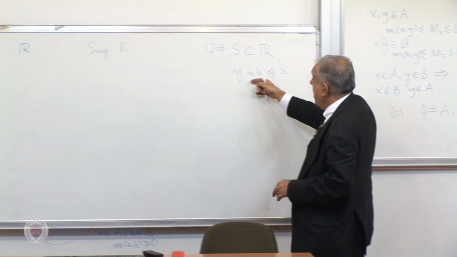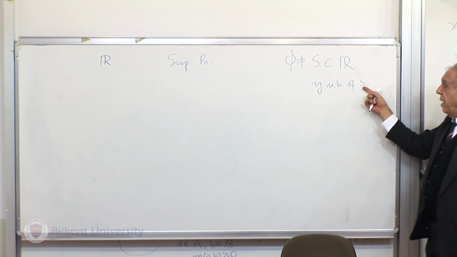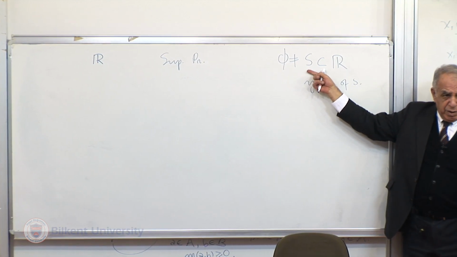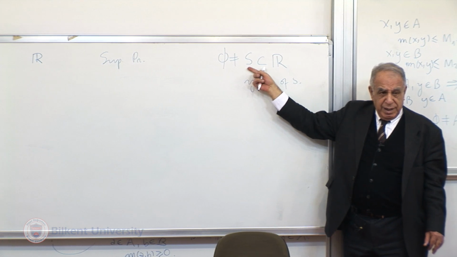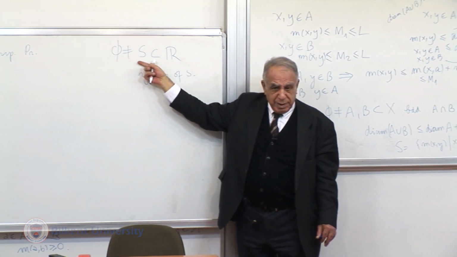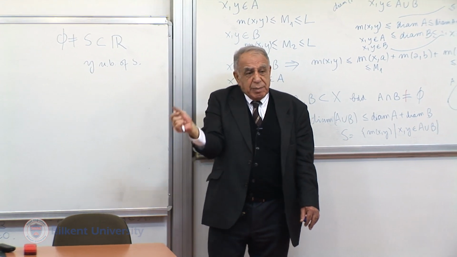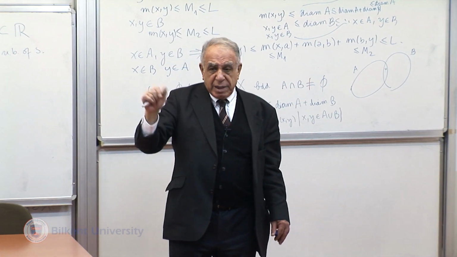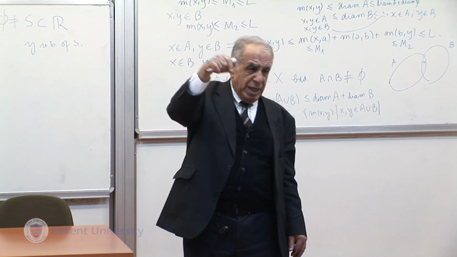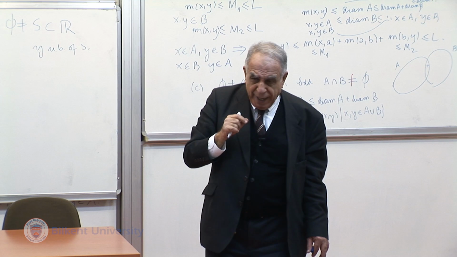So, why? That's an upper bound of S if it's arbitrarily close to S. In that case, it becomes the supremum. But the supremum becomes the maximum when that point belongs to the set. Okay?